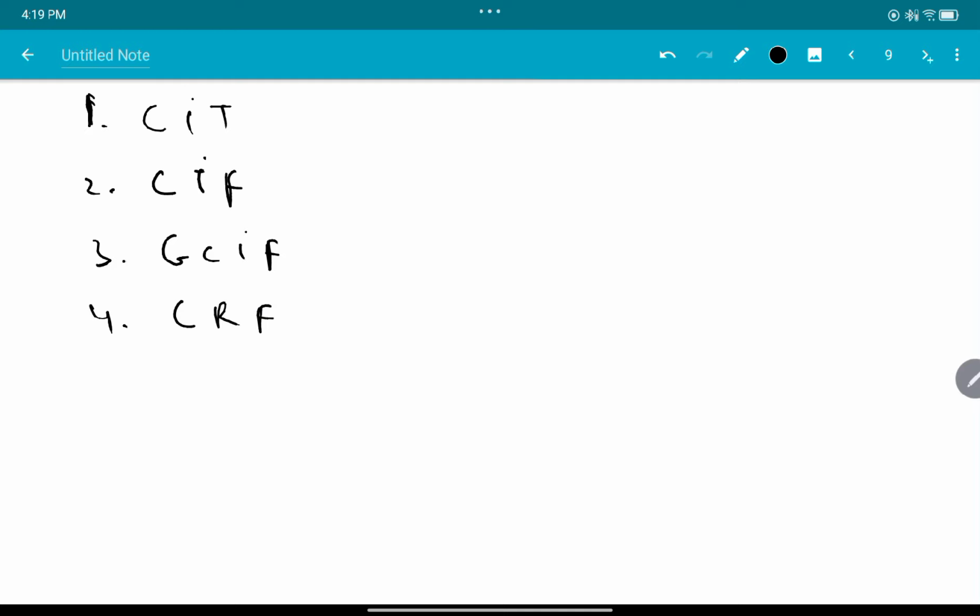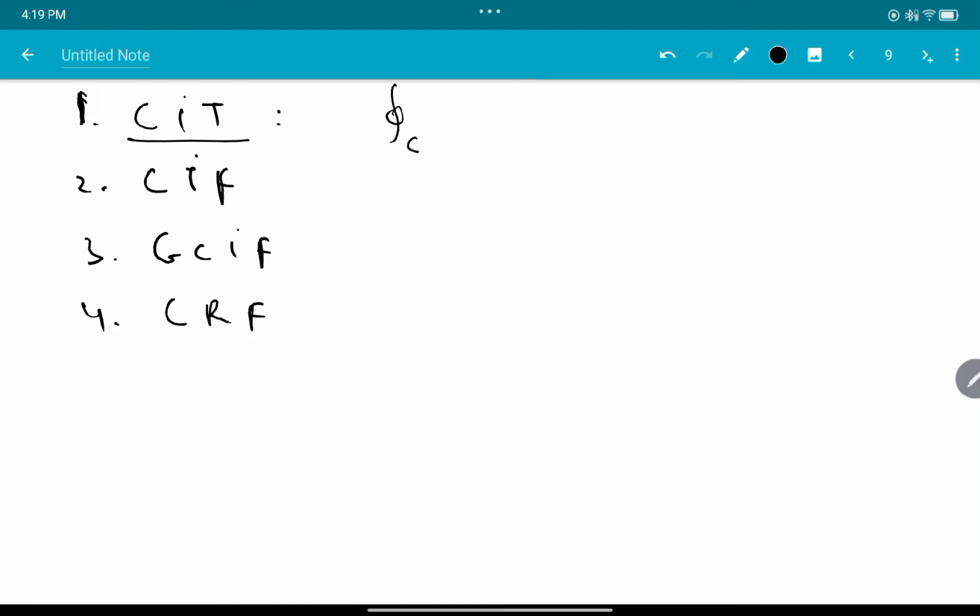So let us now put things in the right place. Cauchy integral theorem tells us that the loop integral of, say, f(z) dz is equal to 0, provided the curve does not enclose any singularity.